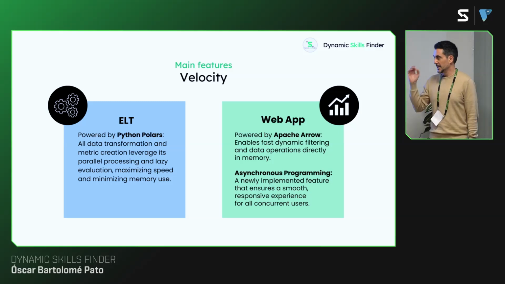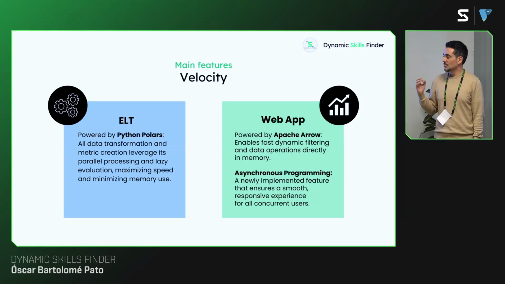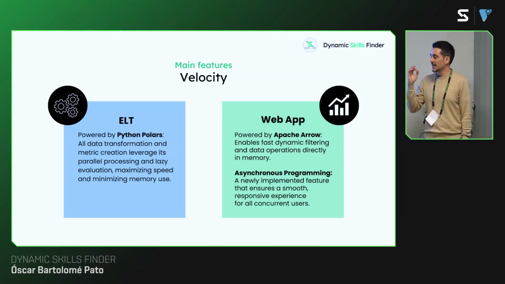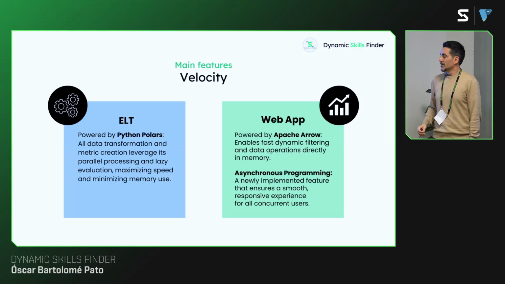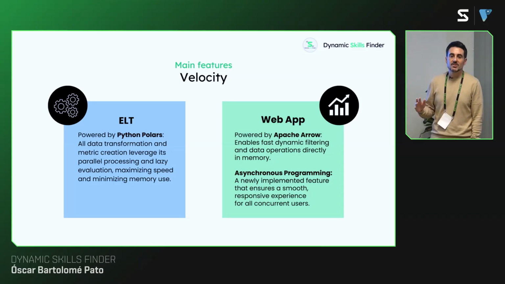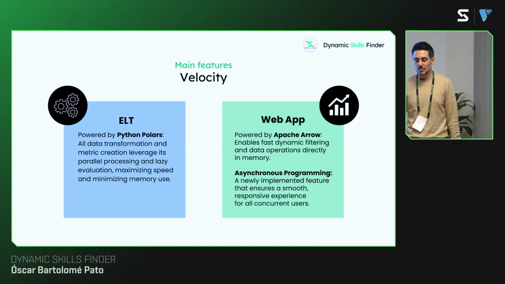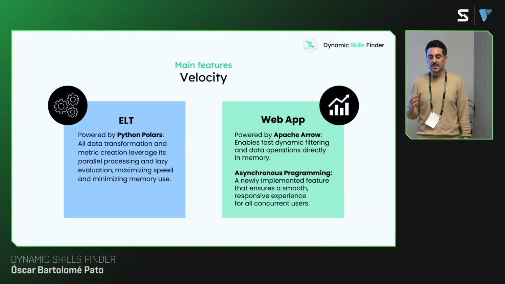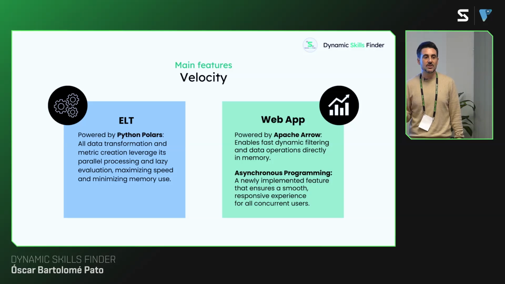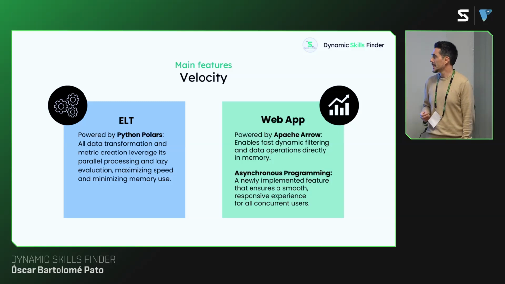Python Polars leverages parallel processing and lazy evaluation that help us to maximize processing speed and optimize memory use. We tend to think that we need larger tools like Spark for everything, but there are tons of workloads that don't necessarily need a whole Spark cluster and the added cost of Databricks for solving the problem.